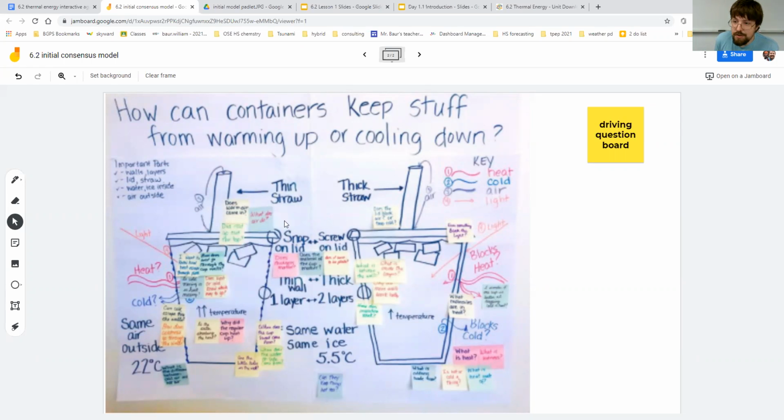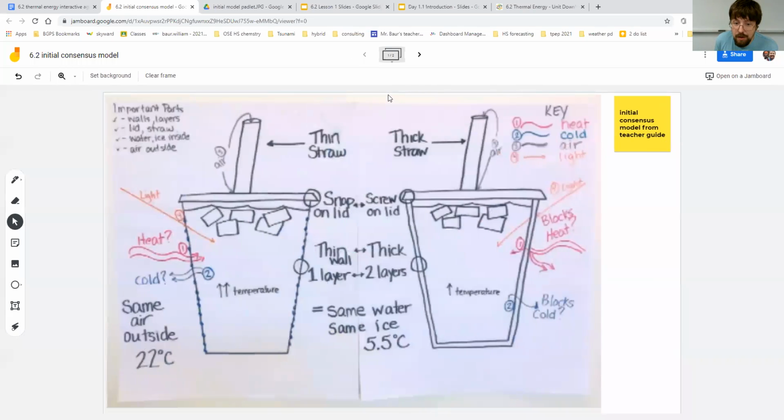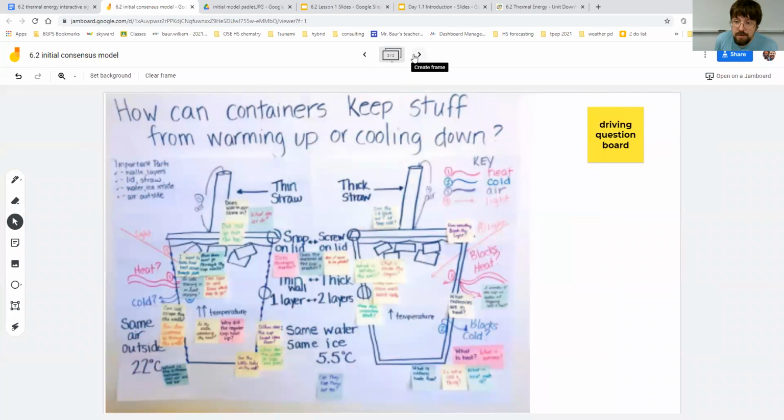Having your initial consensus model poster double as your driving question board is a really helpful strategy. It helps save space. If you're running 5 or 6 sections of the same OpenSciEd unit, each class has to have their own driving question board, and you can run out of wall space. Or you can keep it digitally on a Jamboard or a Padlet.